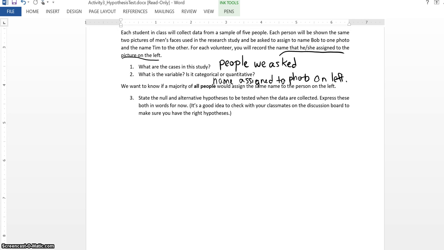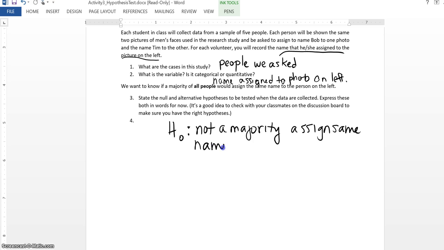Now we want to know if a majority of all people would assign the same name to the person on the left. So our null hypothesis is going to be that that is not the case: not a majority assign the same name to the face on the left.